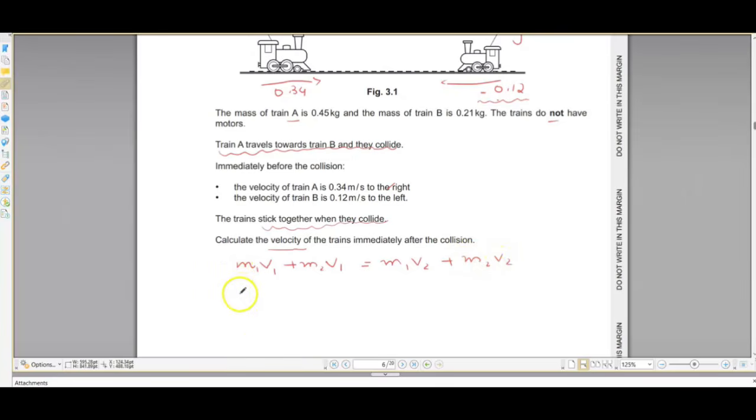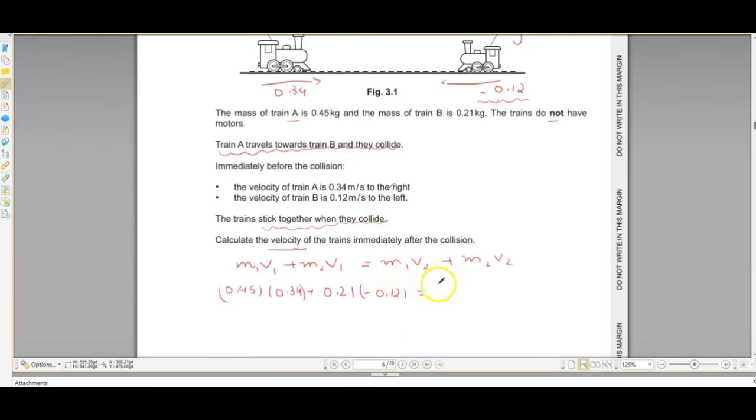So mass 1 was 0.45 and velocity 1, which was the velocity before collision for train A, was 0.34, and mass 2, that is of train B, was 0.21, and its velocity can be taken as negative over here, 0.12.